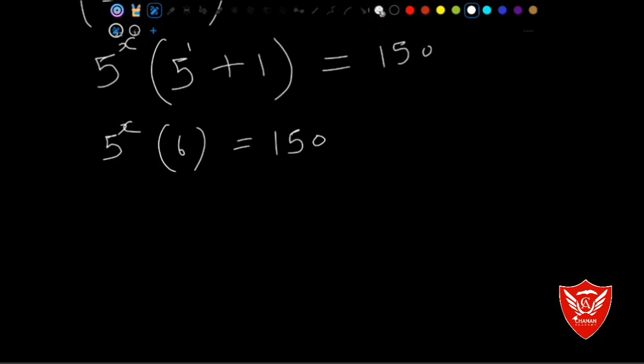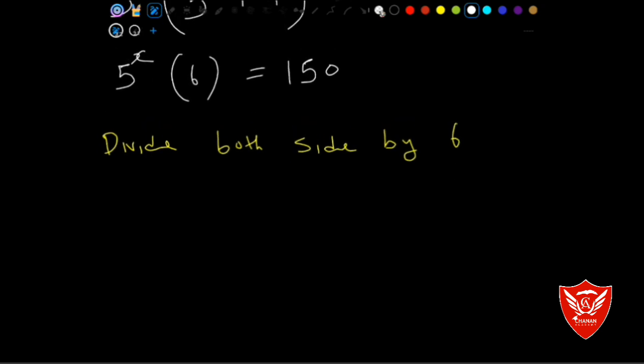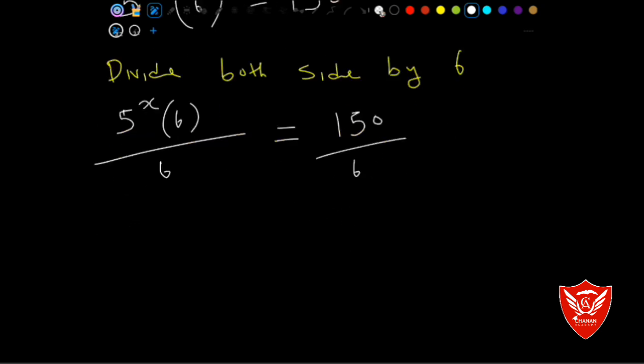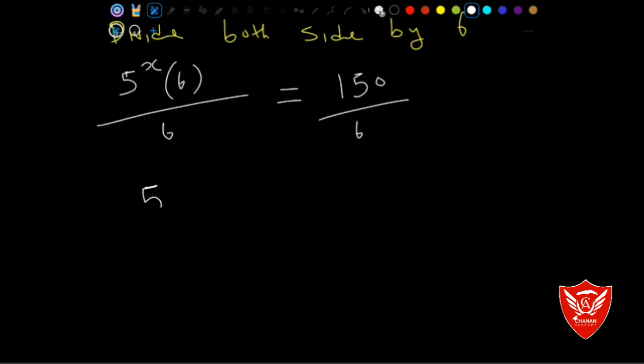What we need to do next is to divide both sides by 6. So we have 5^x times 6 over 6 equal to 150 over 6. The left hand side is 5^x, and 150 divided by 6 gives 25.